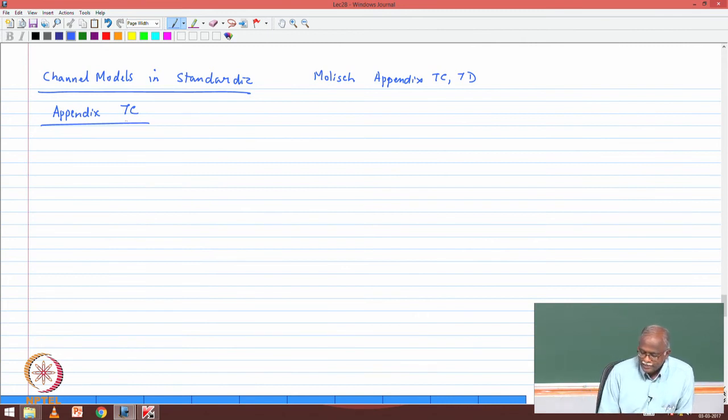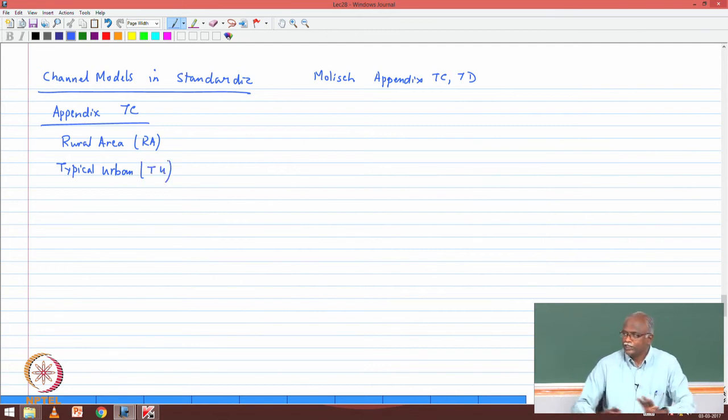Appendix 7C says that there are 4 basic channel types. Those are rural area, using the acronym RA, and then something called a typical urban. The difference would be that in rural areas things would be far apart, lower height of buildings, not many reflectors, whereas in a typical urban you would see higher buildings, a lot of reflectors.